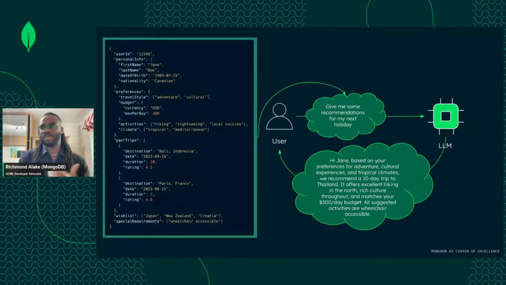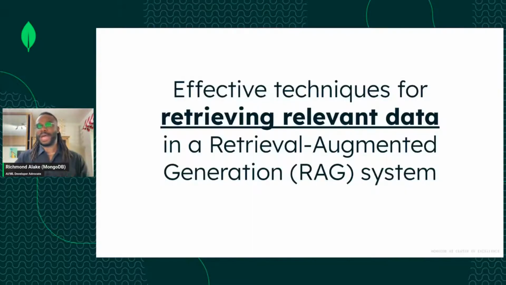So for example, it says, hey, based on your preference for adventure and cultural experiences, and that's been stated over here, adventure and cultural. So that's what RAG is. We're just retrieving information to supplement the user query. Now, what we're doing with RAG is effectively information retrieval, and we're trying to retrieve relevant data, not just any data, relevant data.